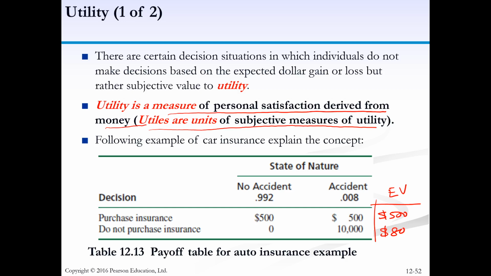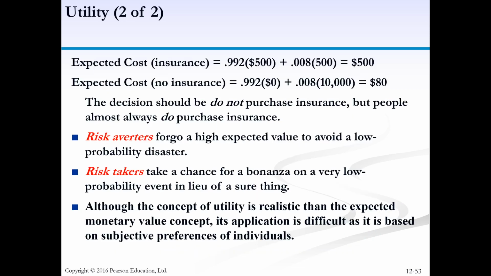So we are trying to avoid the risk. These are called risk averters. Risk averters forego a high expected value to avoid a low probability disaster. And then there are risk takers also, which take a chance for a bonanza on a very low probability, even in lieu of a sure thing.